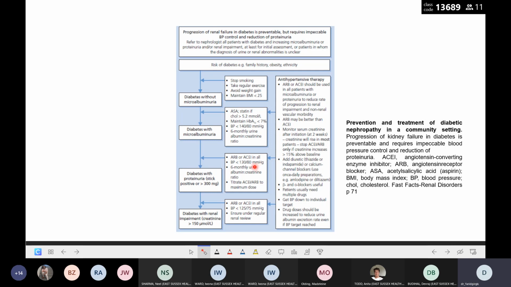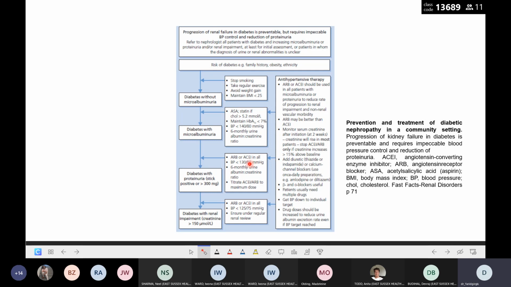Here, I wanted to mention a certain point that in diabetic patients, we don't prescribe the ARBs or ACE inhibitors only for blood pressure control, but we may prescribe it in a patient with normal blood pressure to help in managing the proteinuria. Okay, so this is the first point.